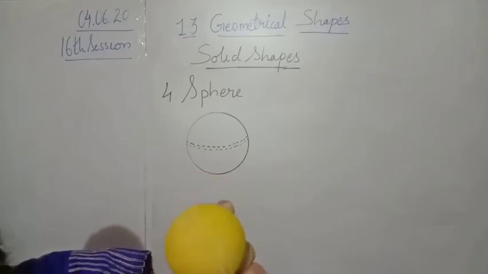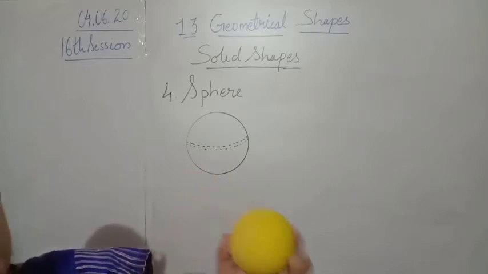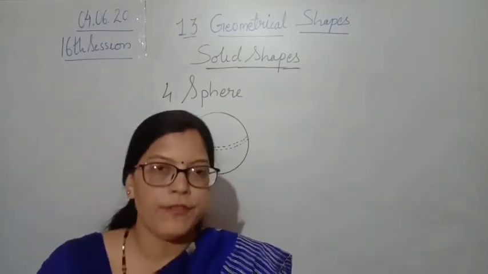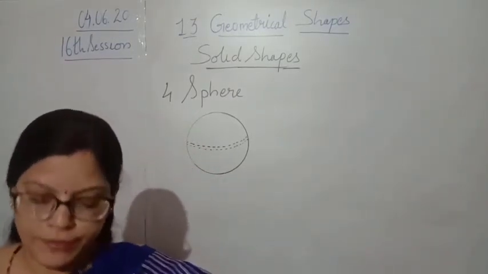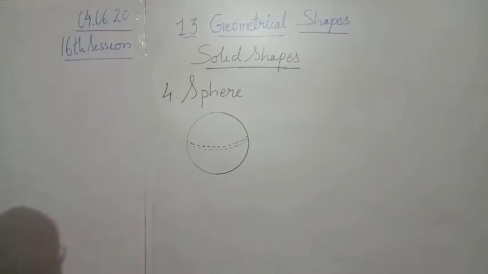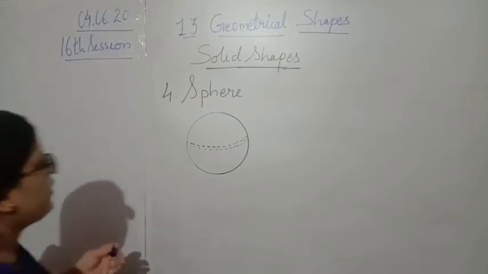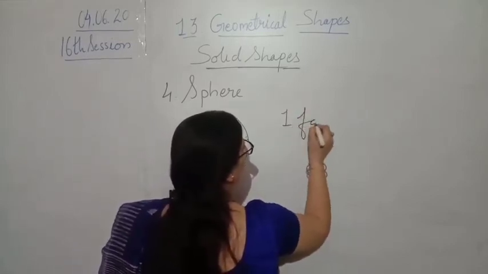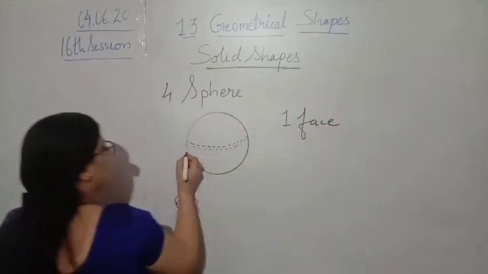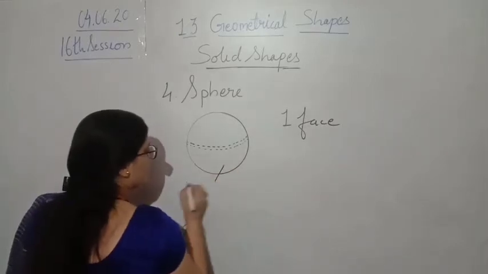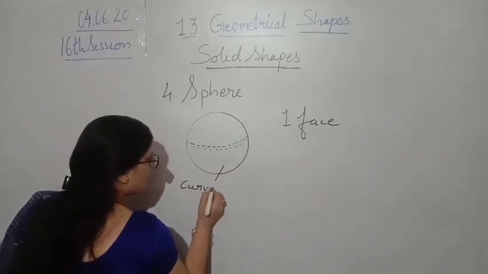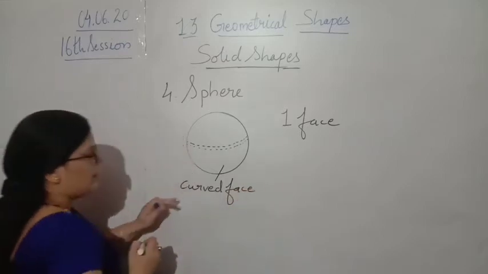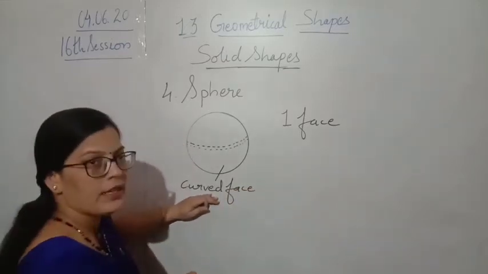For example, some fruits like orange, apple. All these are the examples of sphere. So a sphere has one face. It is curved in nature.